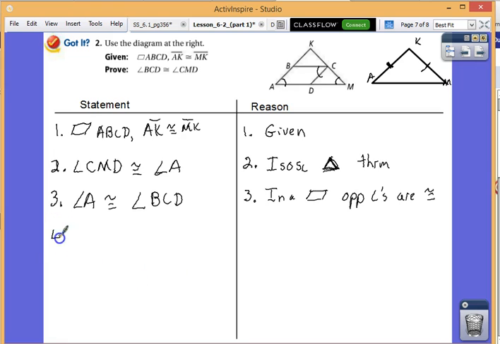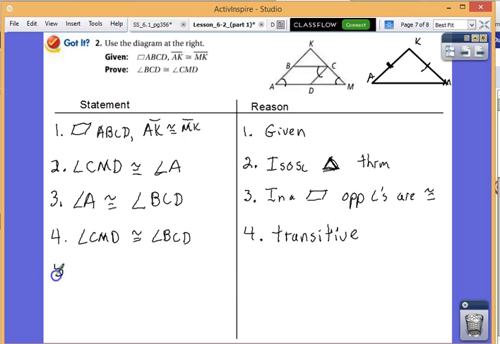And now I can say that angle CMD is congruent to angle BCD by what? If this is congruent to that, and that's congruent to that, how do I know that that is congruent to that? Transitive.